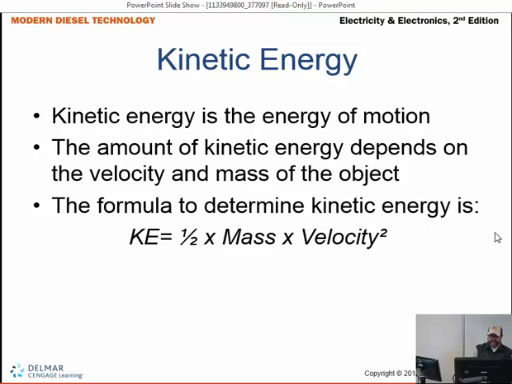All right. Kinetic energy is the energy of motion. The amount of kinetic energy depends on the velocity and mass of that object. The formula to determine kinetic energy is KE equals one half times mass times velocity squared. We'll talk a little bit about this in lab, not a lot.